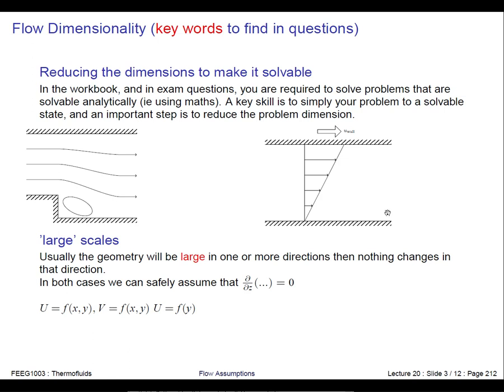So there are lots of problems where the dimension will be said to be large in one or more dimensions. So in this particular example, what I want you to imagine is the dimension normal to the plane of this slide is large.